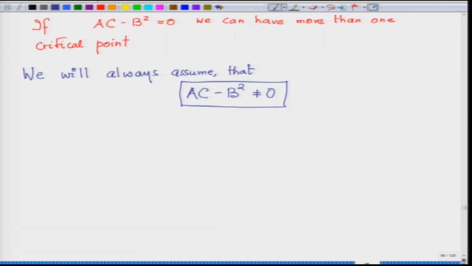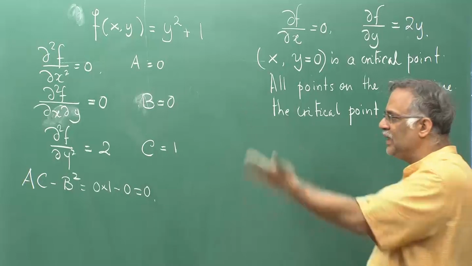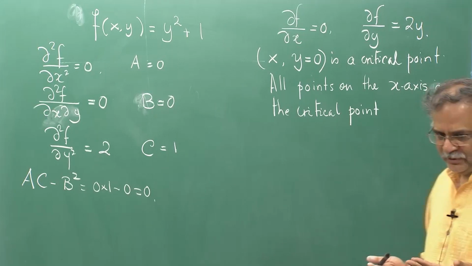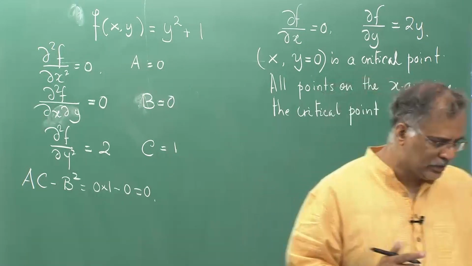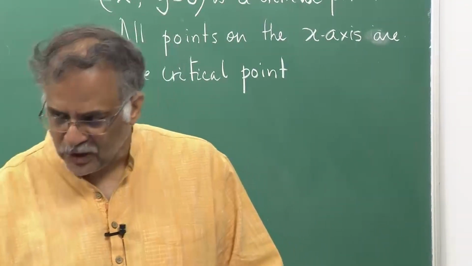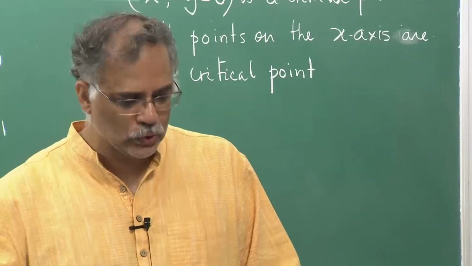We will only really look at this issue of when 0 0, which is a critical point of ax square plus 2bxy plus cy square, is actually a maximum, minimum or saddle point. And once we know that, we can talk about the other things, our own function that we have just seen. So okay.